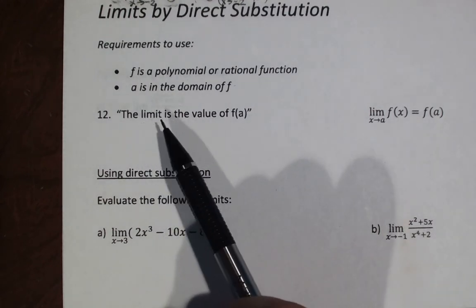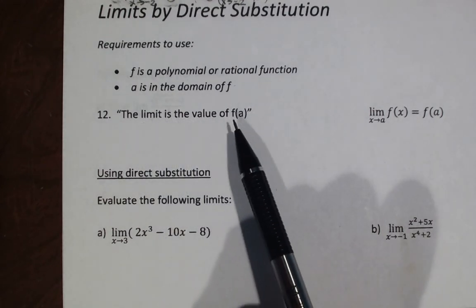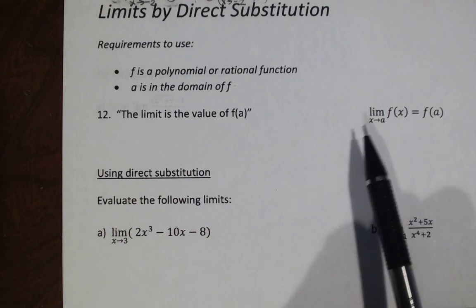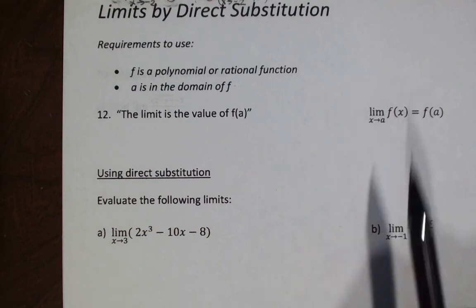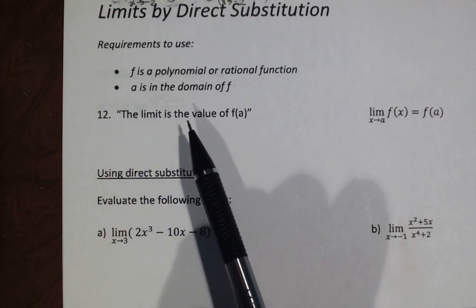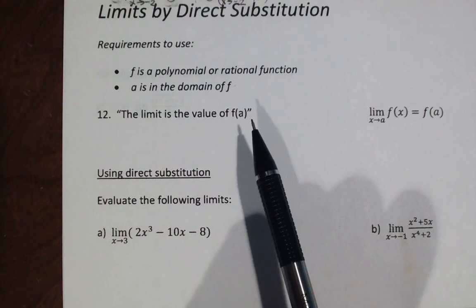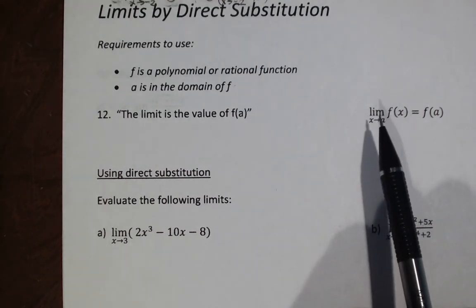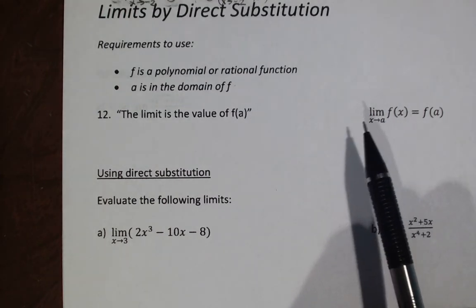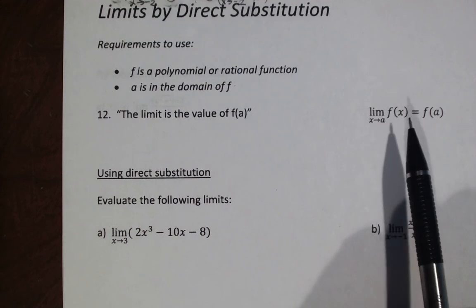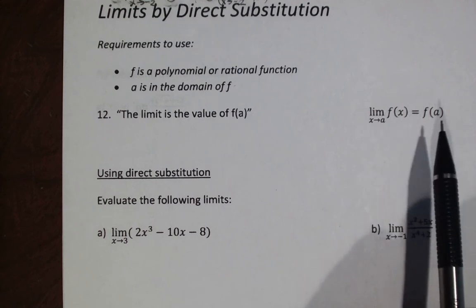So the limit is the value of f of a. That's what direct substitution tells us: the limit as x approaches a of f of x is equivalent to f of a.